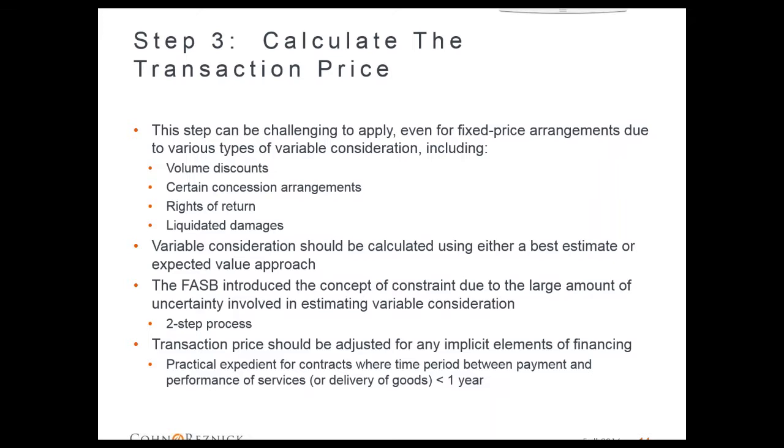Note, the ASU requires a company to first estimate the total amount of variable consideration from a contract, and then, as a second independent step, a company will have to evaluate how much of the estimated variable consideration should ultimately be included in the transaction price.